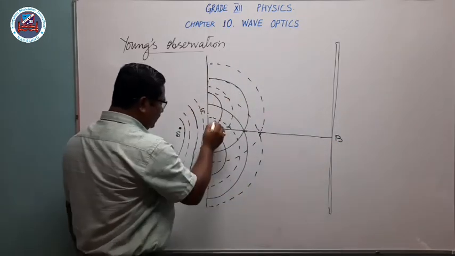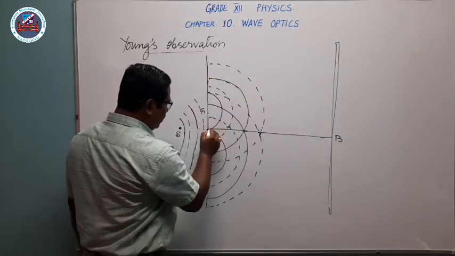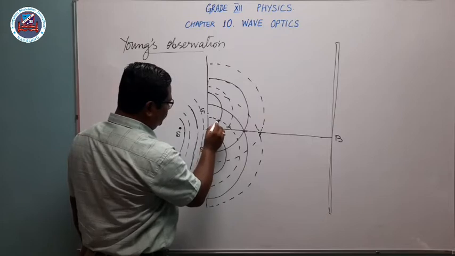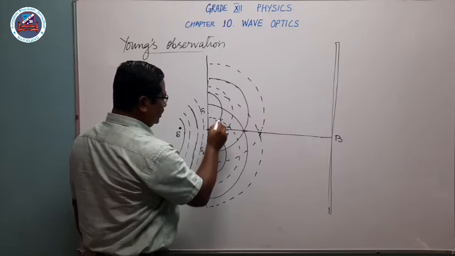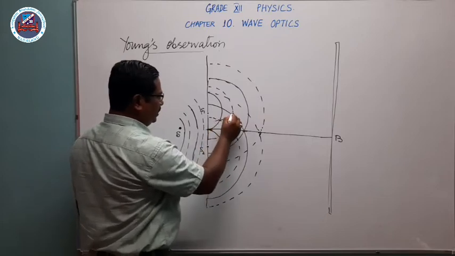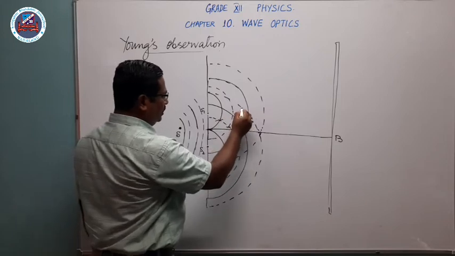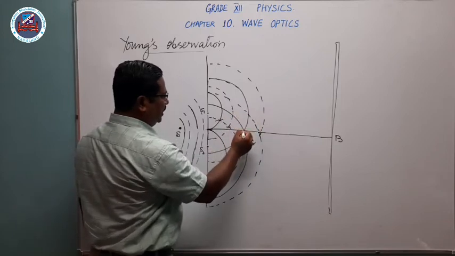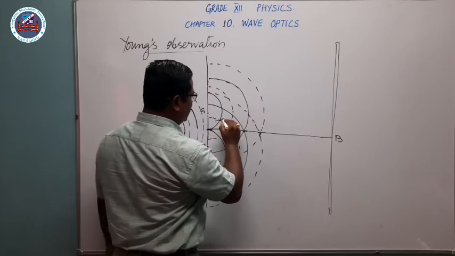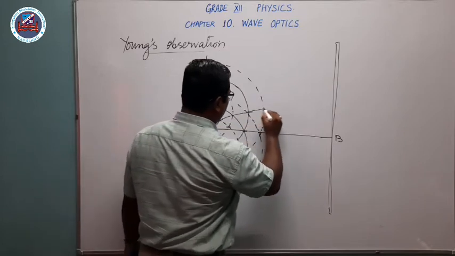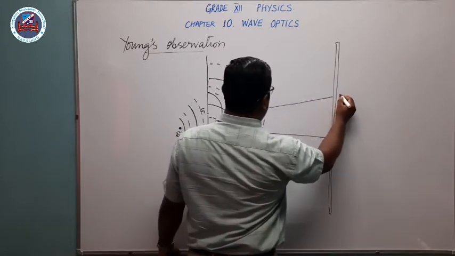But whenever the crest of one wave coincides with the trough of the other wave, dotted line and solid line, where they intersect each other, he found it to be dark.